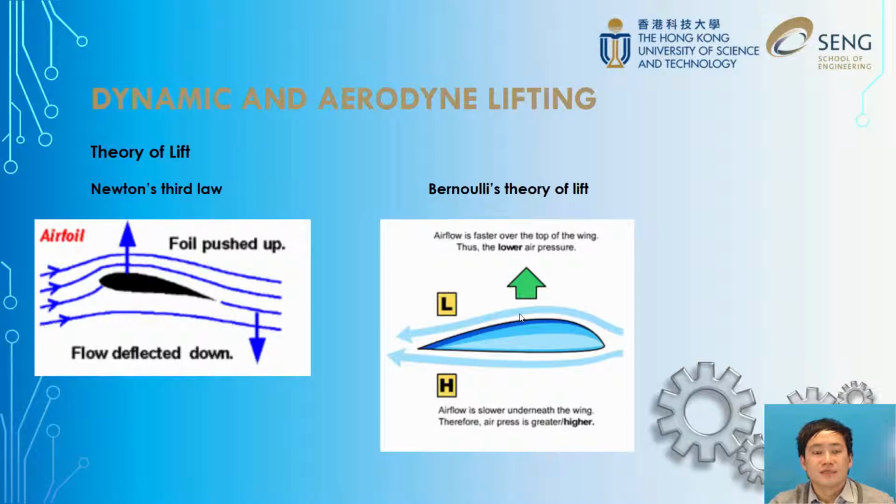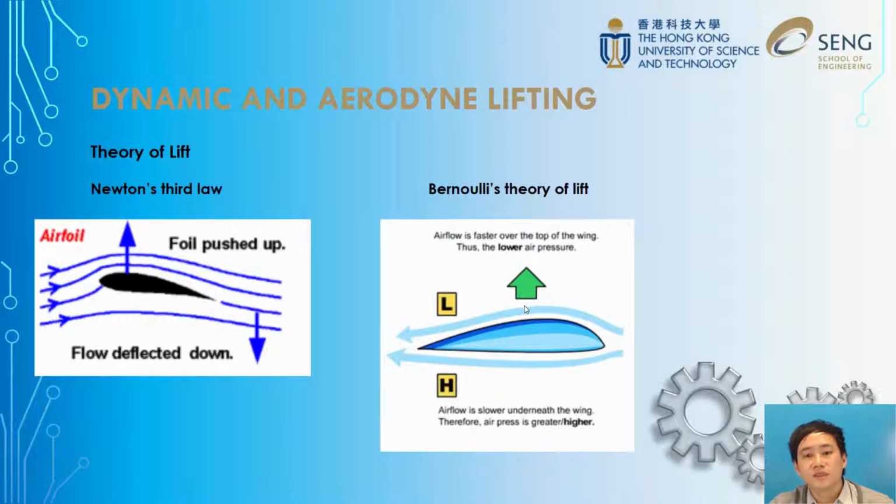The other mechanism for lifting is that the streamlined cross-sectional shape is also designed such that air particles have to travel a longer distance and faster along the top surface to generate a pressure difference between the top and the bottom. This action will generate a force going from the high pressure zone to the low pressure zone according to Bernoulli's theory.